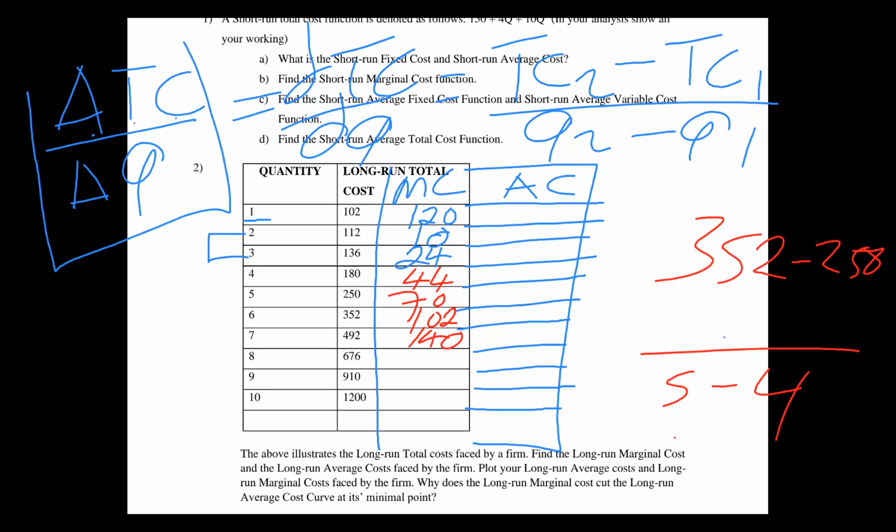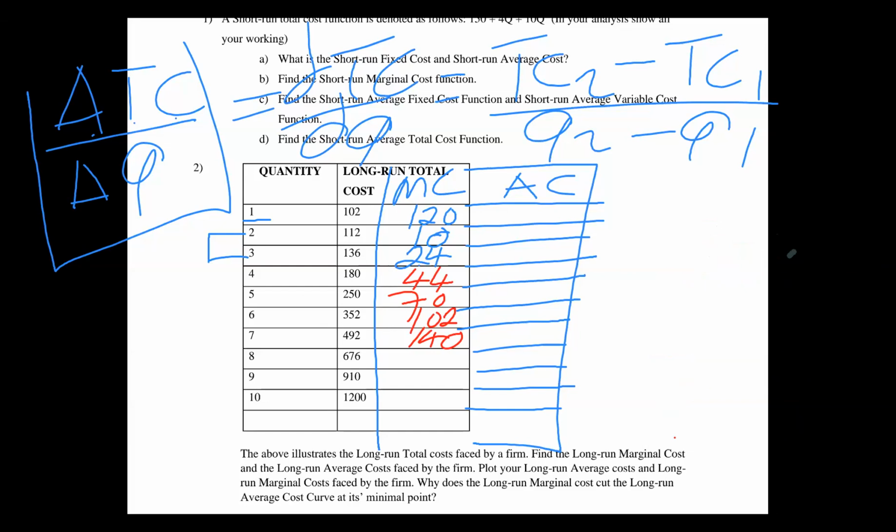What are you finding? 184. All right. What about 910 minus 676? 234.